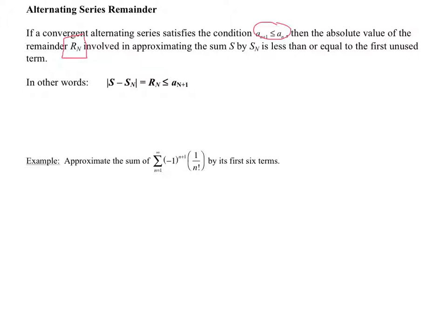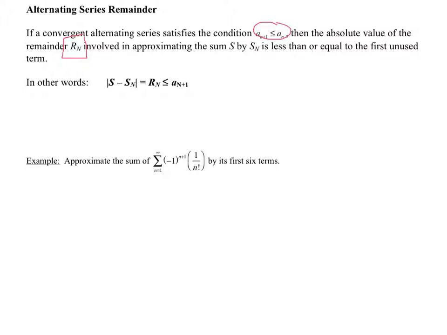In other words, that is approximately what's left between the sum that we calculate and the actual sum itself. It's going to give us an interval that this sum will fall in. So this is giving us the error by which our sum is off from the real sum.